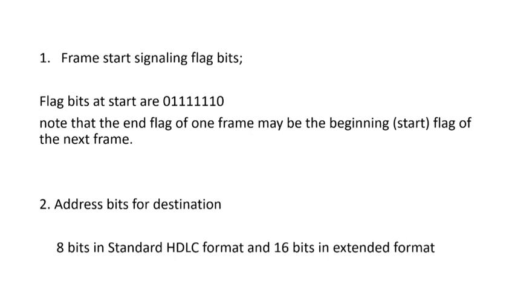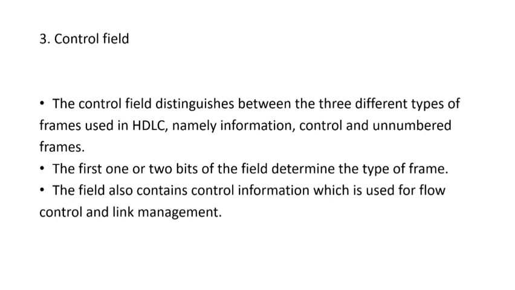Next one, address bits for the destination: 8 bits in standard HDLC format and 16 bits in extended format. Extended HDLC mostly has 16 bits for the fields. Next one, the control field.